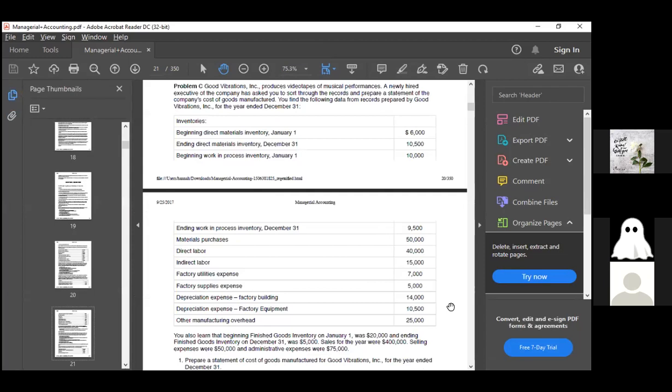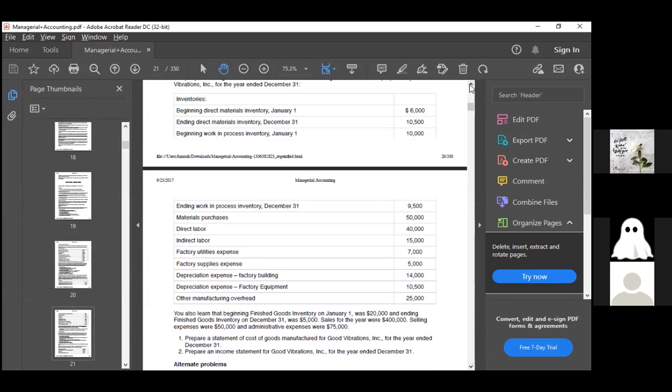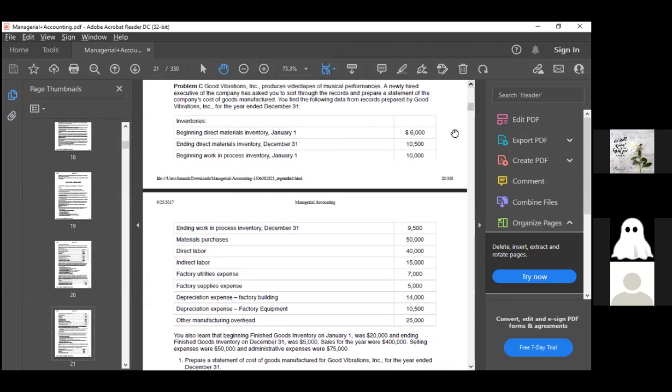Is it visible? Yes. Can you read it? Did you get the cost of goods sold as 440,000? Yeah, that is 580,000 minus 140,000.